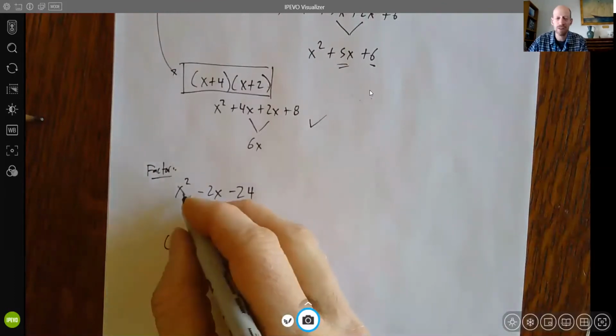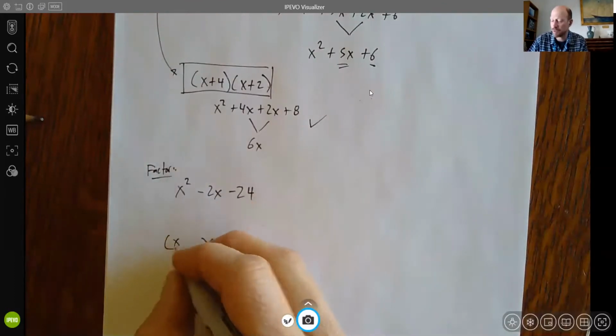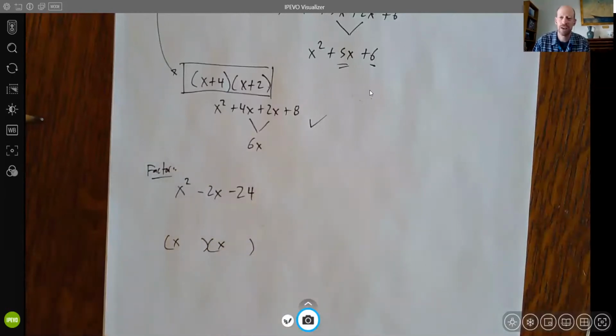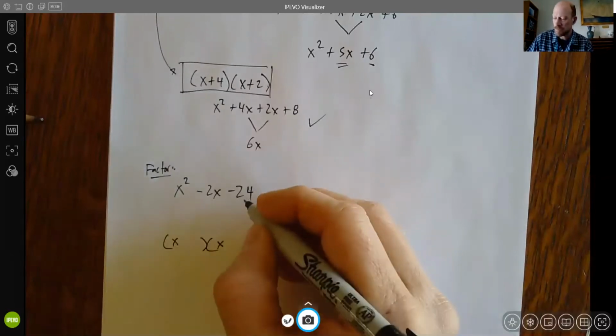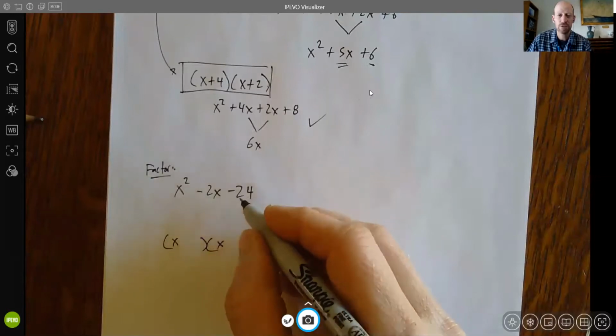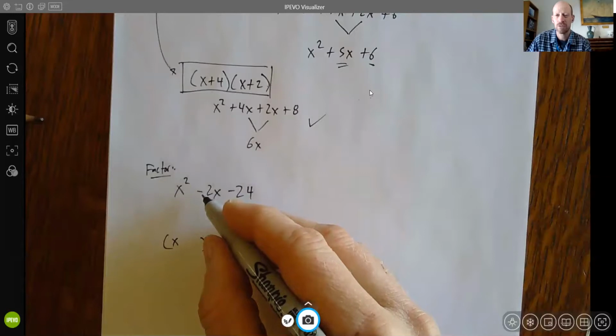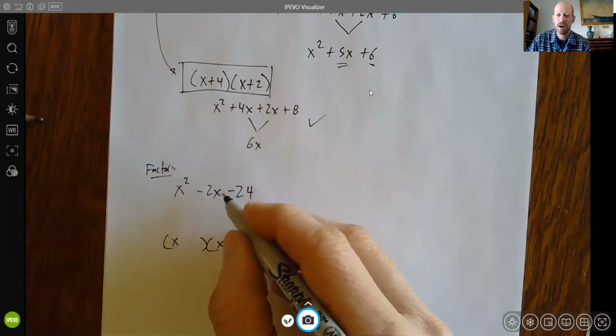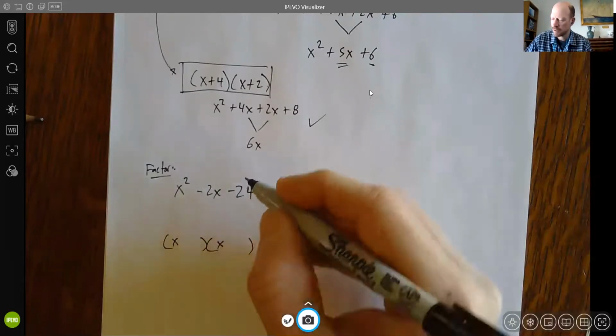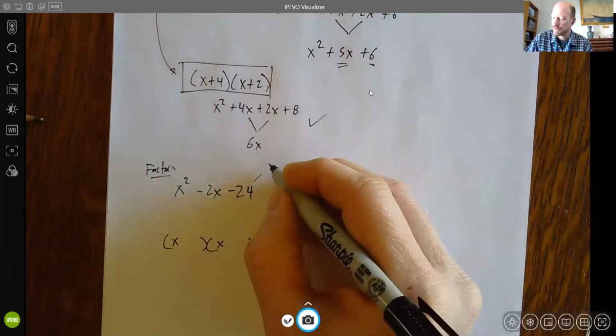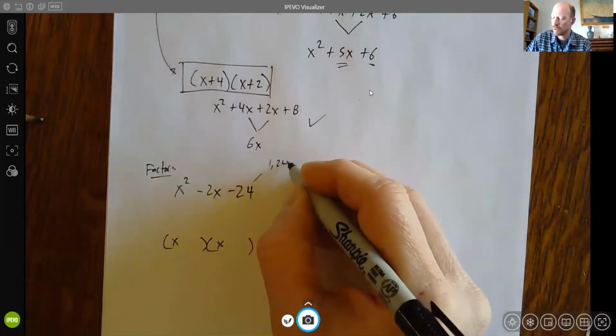These are nice because the only way I can get x squared is with x and x. So in some sense, you're almost halfway there, although that's very much the easiest half. Now I need a pair that gives me minus 24 and adds up to minus 2x. I know one has to be positive and one has to be negative. My options for 24 are 1 and 24.